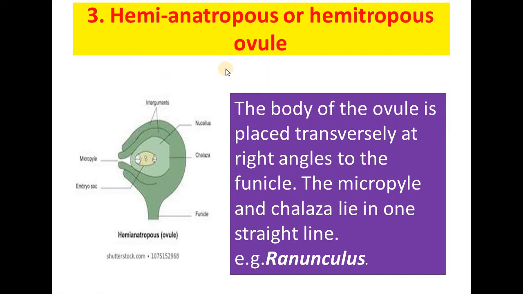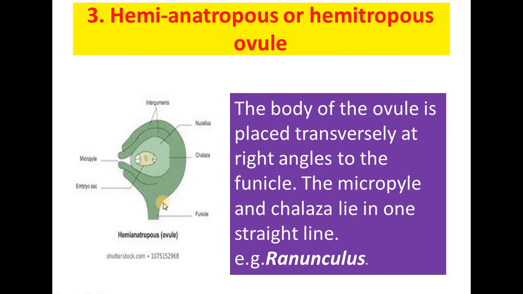That means the ovule will be present at the right angle of the funicle, and you can see in the diagram very clearly. This is the ovule, now in this direction, which is a right angle to the funicle. The funicle is here, and the ovule is present at a 90-degree angle to the funicle. That's why it is called hemianatropous.